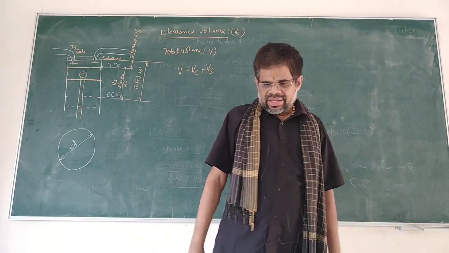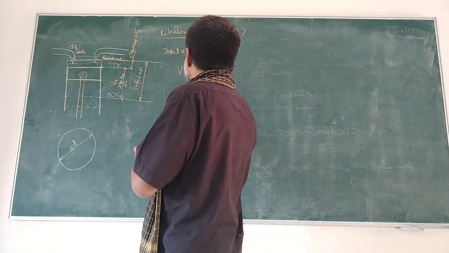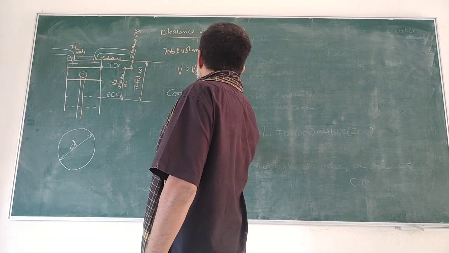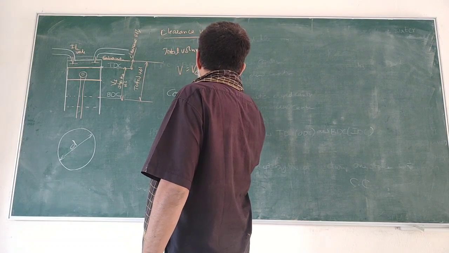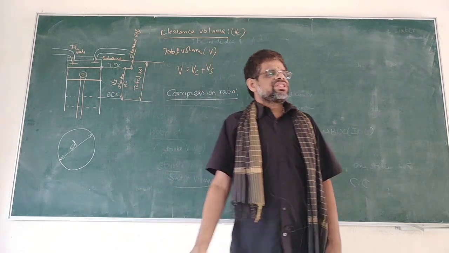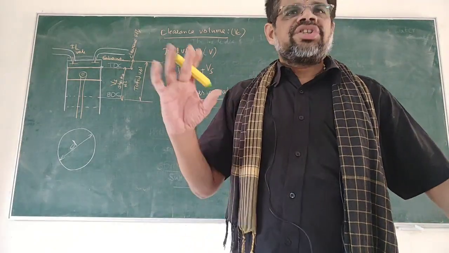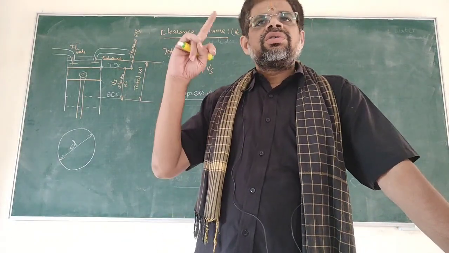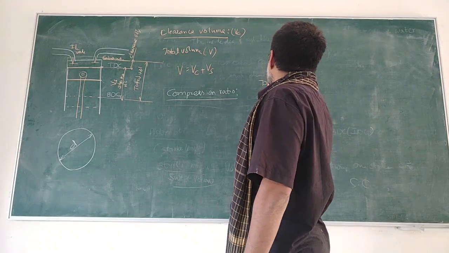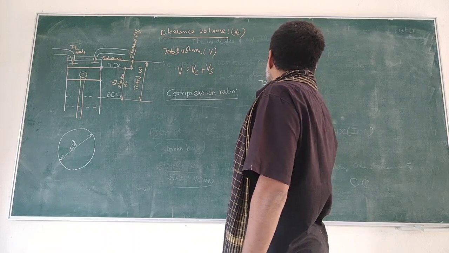Well, and the next one is compression ratio. Compression ratio. This is very important. As the name indicates, it is a ratio. So it is the ratio of two quantities. It is the ratio of the total volume to the clearance volume.